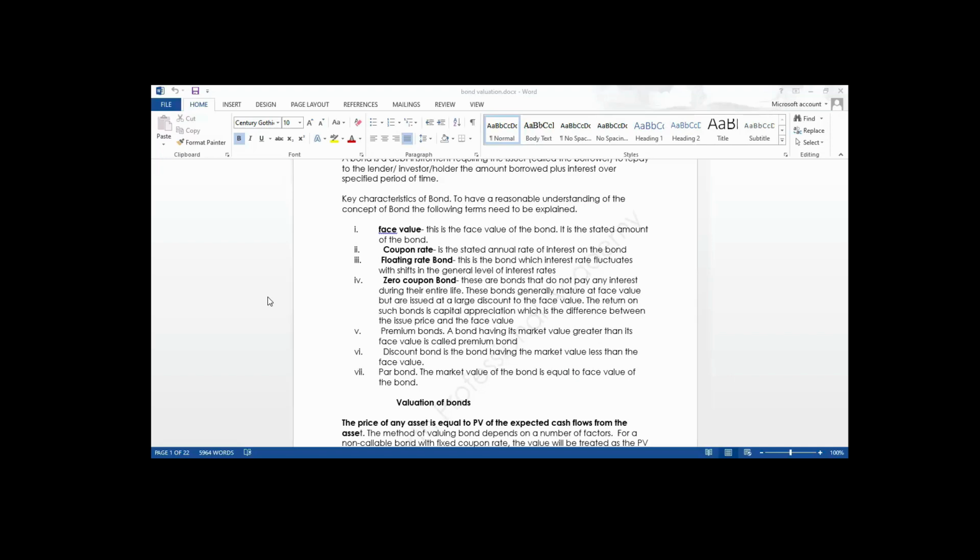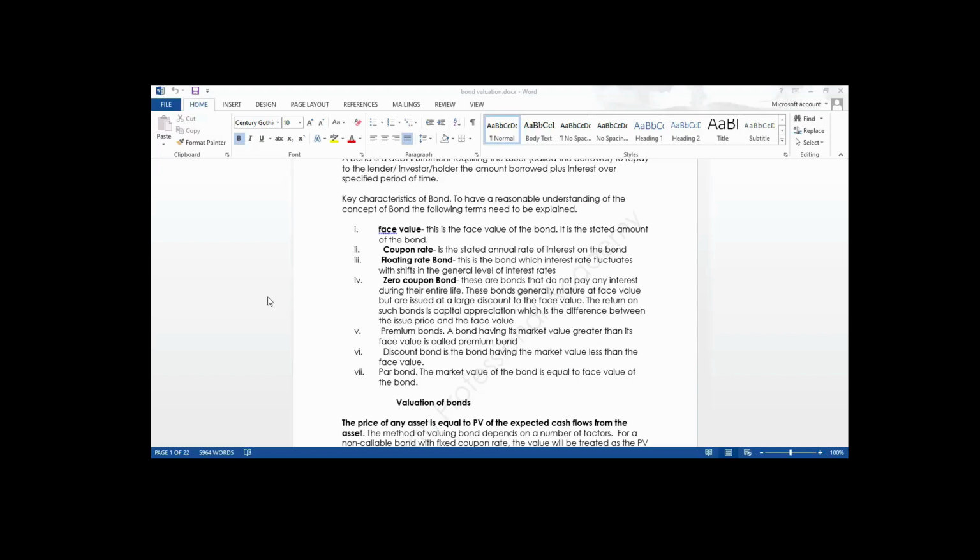Let me repeat that. If you are to calculate the market price of a redeemable bond, you are going to calculate this as the present value of the expected future cash flows from the redeemable bond.